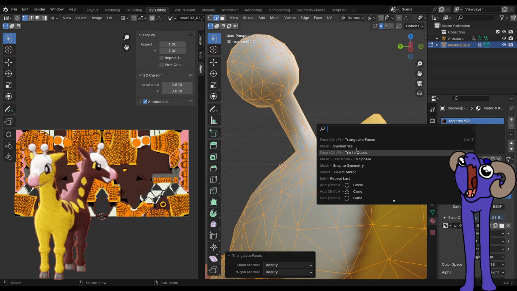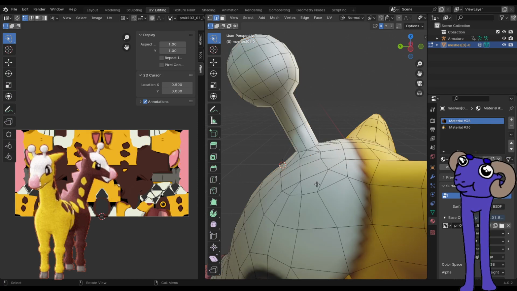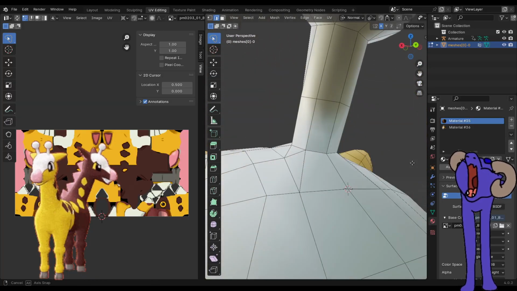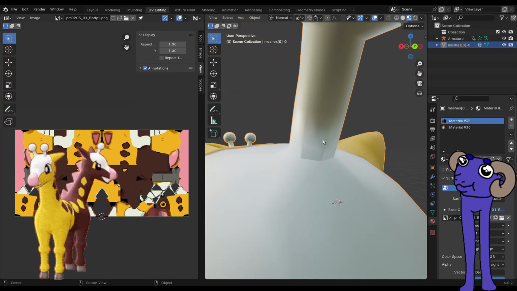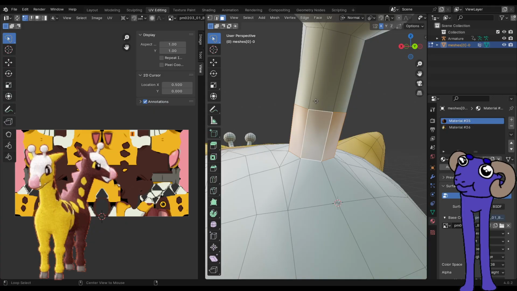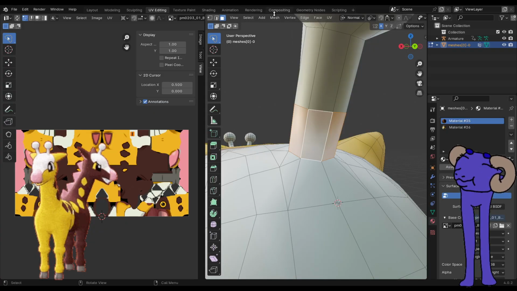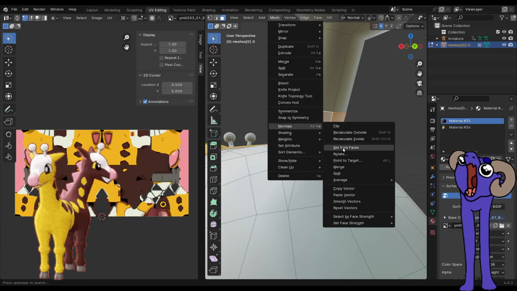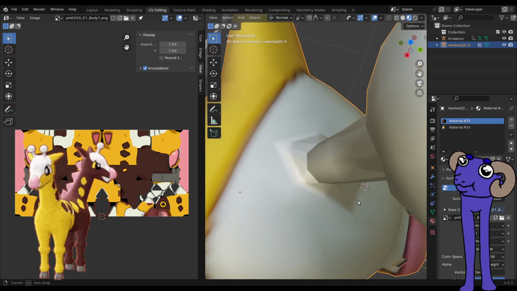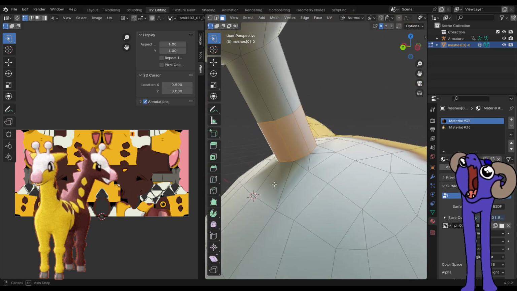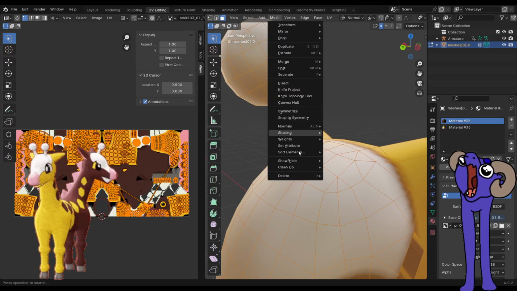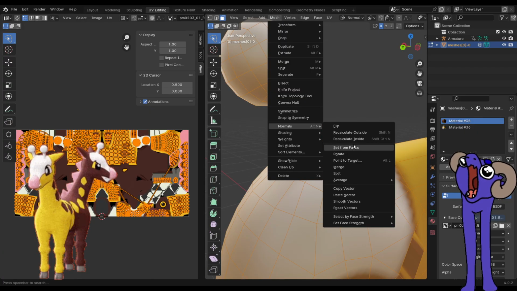Let's try re-triangulating this. See if that fixes anything. I guess it's just gonna look weird. Mesh, normal, separate faces. Oh, that looks weird. What if I set from faces the entire model?